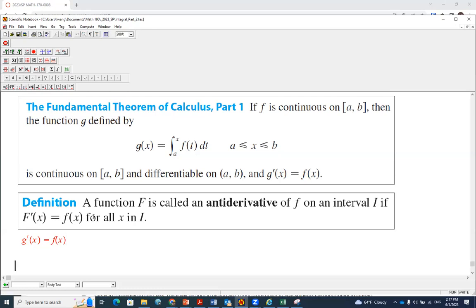So let me write down some words. G is an antiderivative of lowercase f.